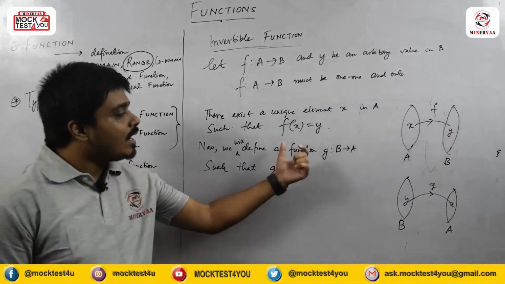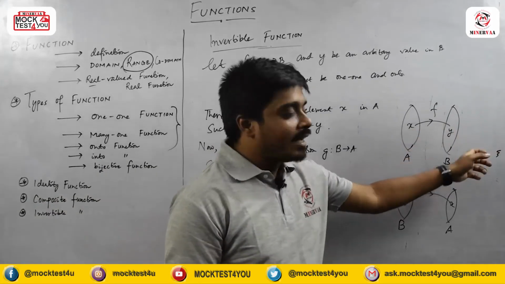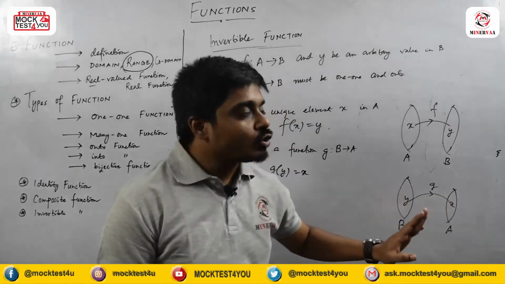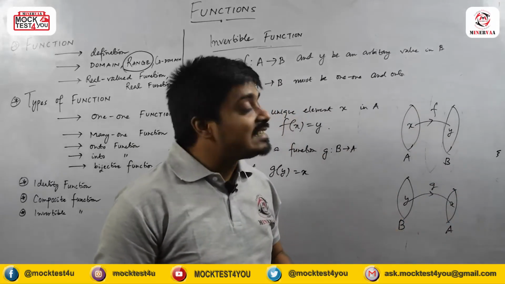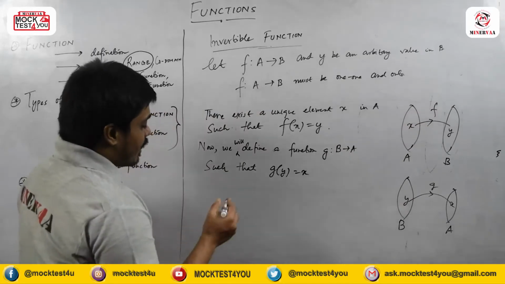So this is how we have the inverse function. First x is mapped with y, then in the inverse function, y is mapped with x. So if this is what happens, then we can say that this function g is nothing but the inverse of f.